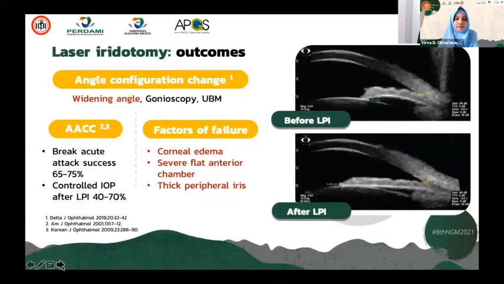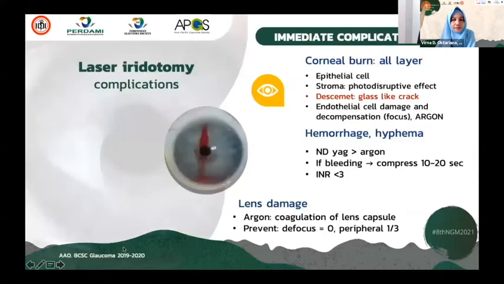So the outcome, as I just mentioned, is widening of the angle, because we can eradicate the pupillary block in these eyes. However, failure can be encountered if the peripheral iris is too thick, the anterior chamber is not adequate, or there is corneal edema, which means poor visualization of the site of the iridotomy. Apart from hemorrhage, a corneal burn can be encountered if you do not properly put the laser beam on site.